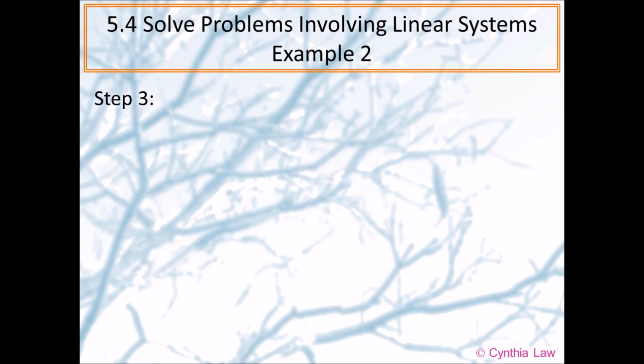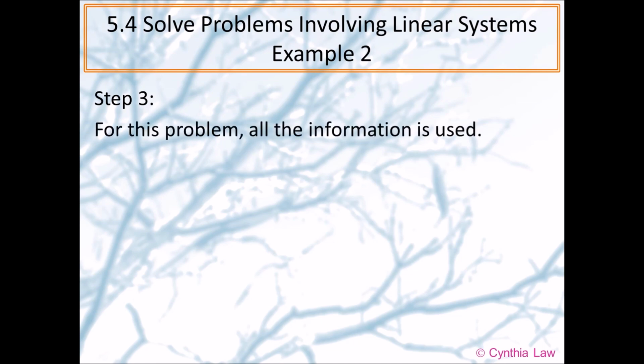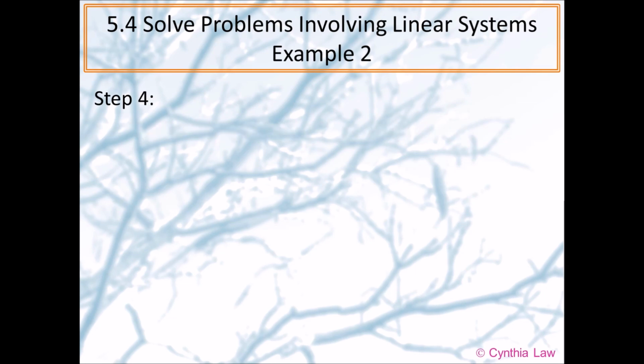For this question, we actually need everything, so there's no need to pick out the unnecessary information. Step 4, we don't really need to draw diagrams. However, it might be useful to generate a table of values for those of you who are confused.